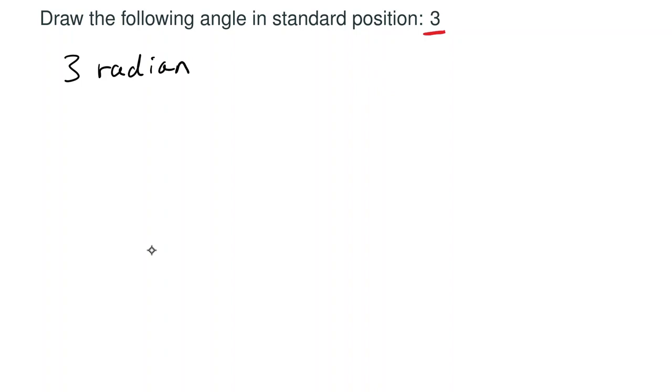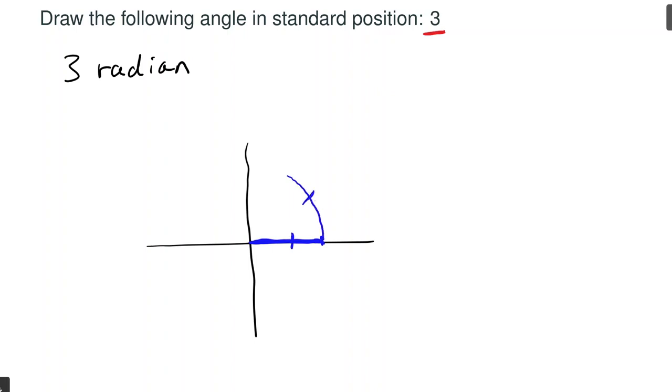So in standard position, an xy coordinate, this is the initial ray, we start from here. We can pick any radius, let's say this length right here is the radius. 3 radian means that the arc length created by the angle is 3 times as large as the radius length. So here's about 1 radian, there's an arc length the same as this.